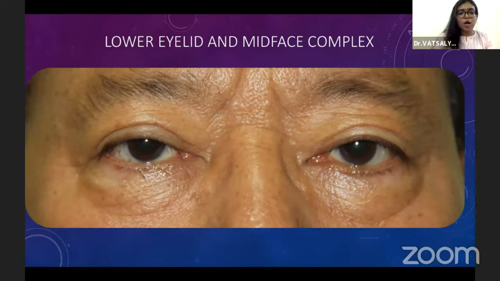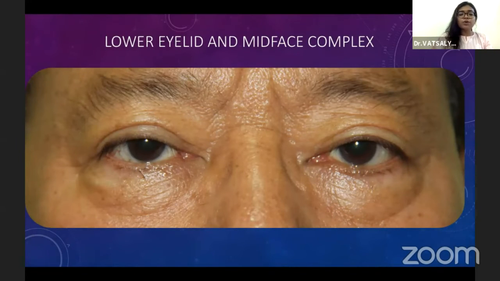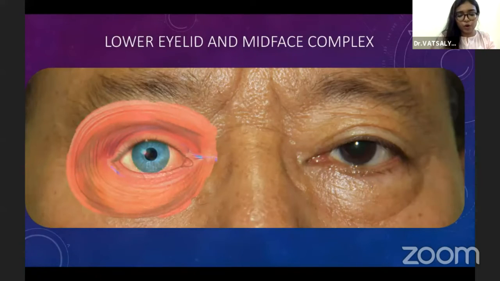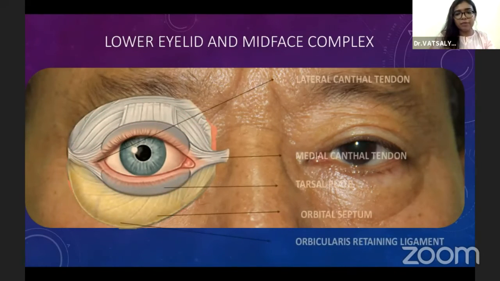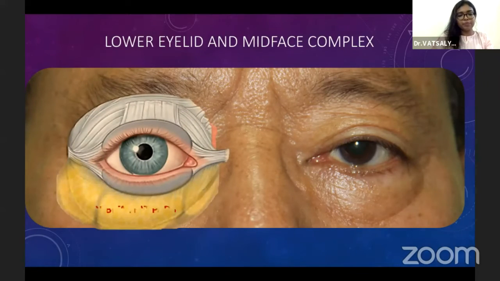In this gentleman, one can see that there are severe eyelid bags. Now going on to the anatomy, we can see that this is the orbicularis oculi. And these are the surgical landmarks: the lateral canthal tendon, the medial canthal tendon, the tarsal plate, and the orbital retaining ligament.